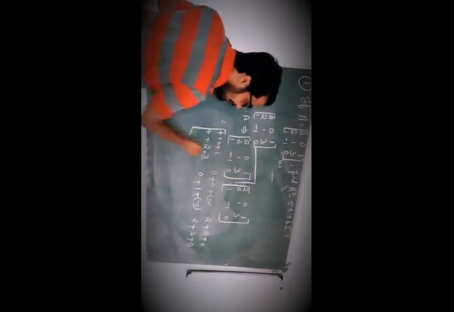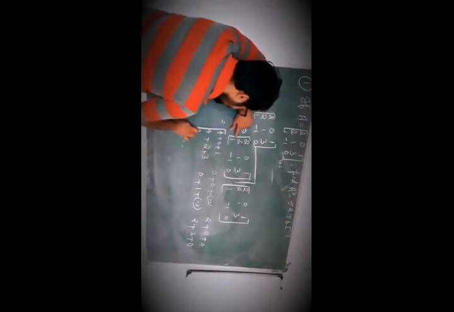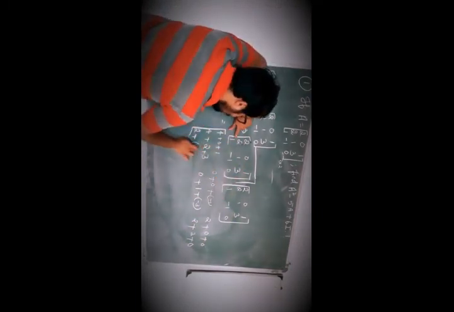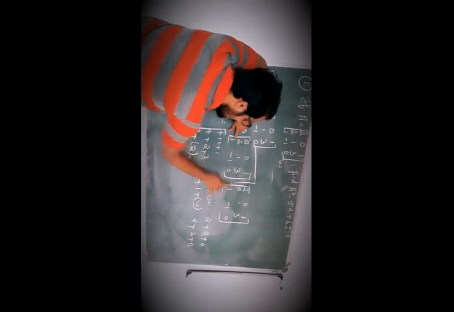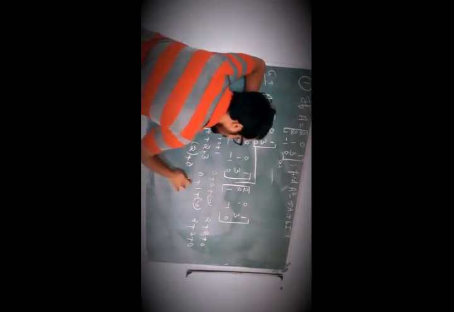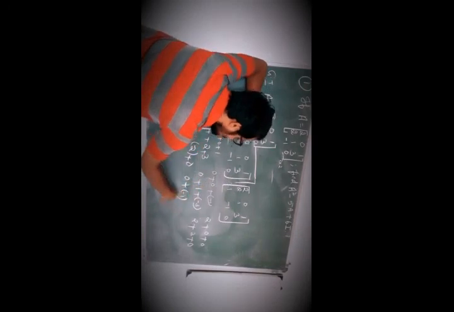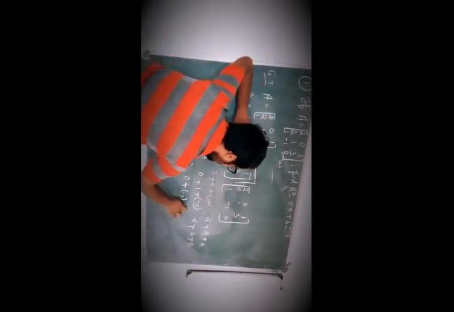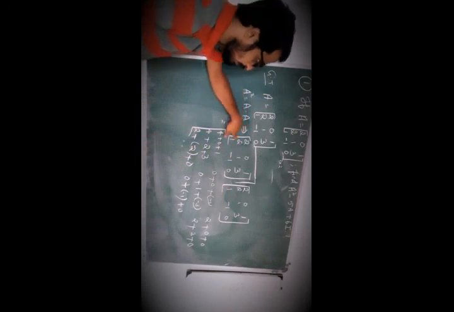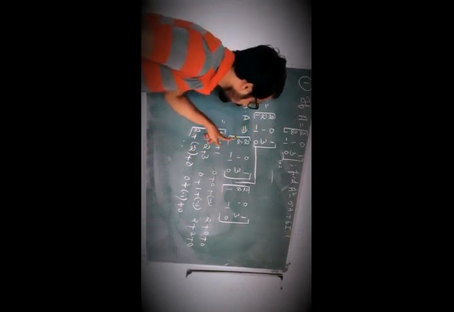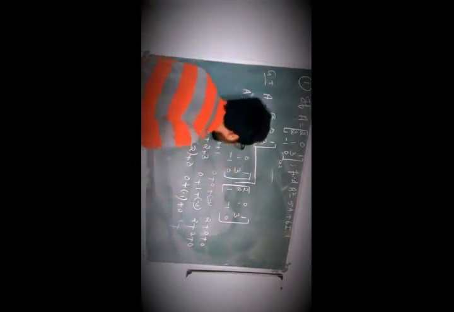Now second row over third row: 1 into 2 is 2, plus minus 1 into 2 is minus 2, plus 0 into 1 is 0. 1 into 0 is 0, minus 1 into 1 is minus 1, 0 into minus 1 is 0. Now third column, I have to take 1 into 1 is 1, plus minus 1 into 3 is minus 3, plus 0 into 0 is 0.